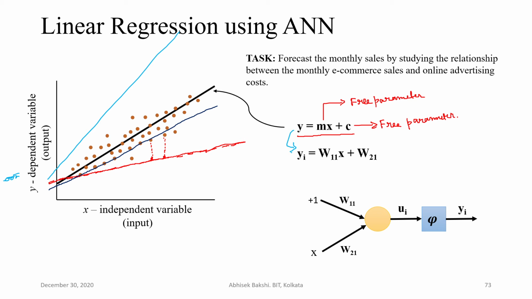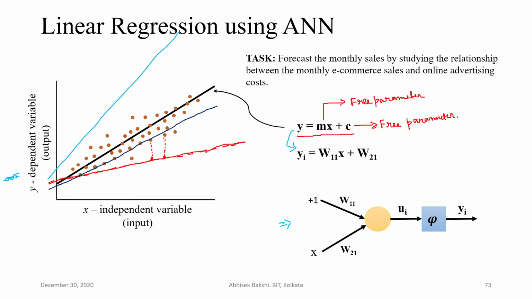And we can design a McCulloch-Pitts model something like this, shown below. What we have done? We have kept this x because we know for different x's we will get different y. We have kept this x and a bias plus 1, and we have considered the synaptic weights between these two as W11 and W21, so that ultimately I will get x into W11.